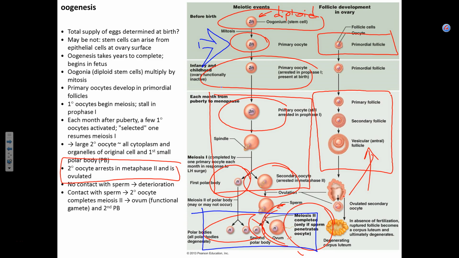Now, try to remember the meiosis that leads to the generation of spermatozoa. It also starts with a single spermatogonium, but you end up with how many functional spermatozoa from 1 spermatogonium? 4. And that actually reflects a very interesting evolutionary adaptation that is different in males versus females.